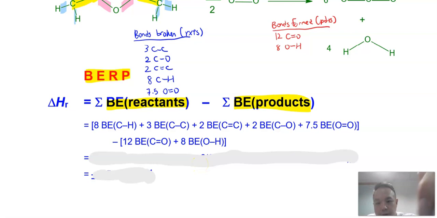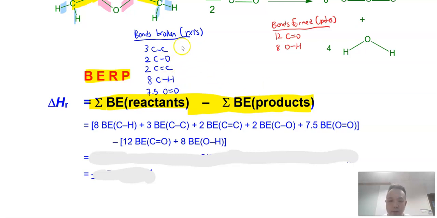So to me, what's important is to quote the formula that you're using so that the examiner knows what approach you're using. And then importantly, from the data booklet, find the values that you have. Okay, so from the data booklet, quote all the values here. You can either refer to the data booklet, or you can just write down all the bond energies, copy from your data booklet here to make it easy for referencing.